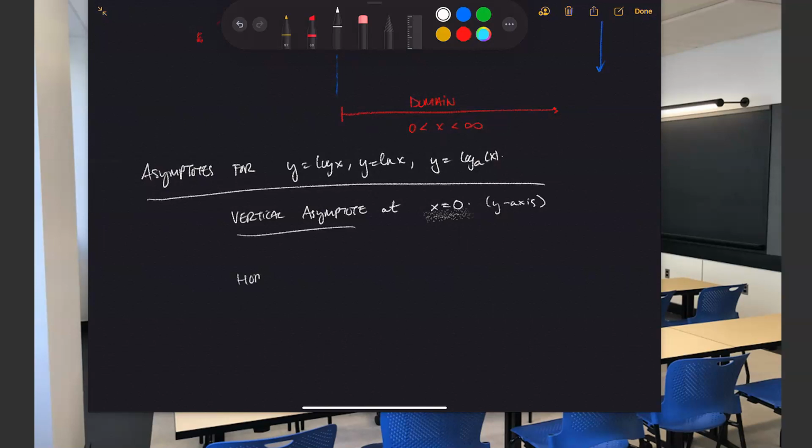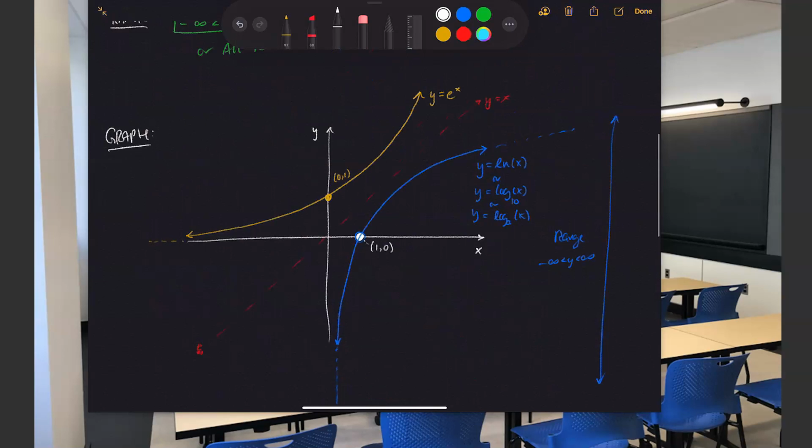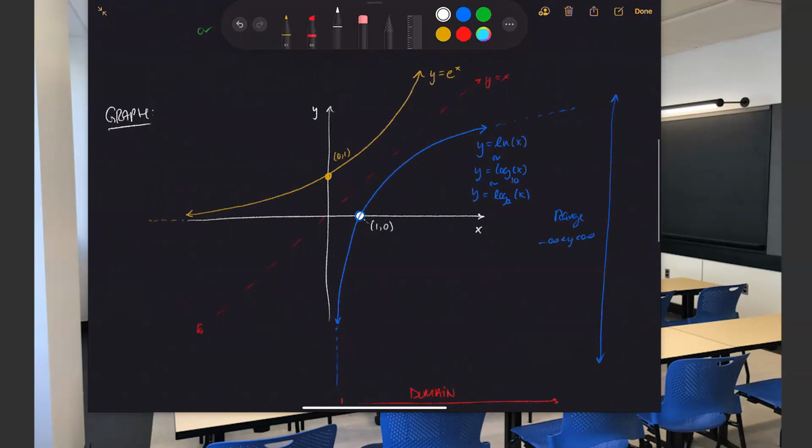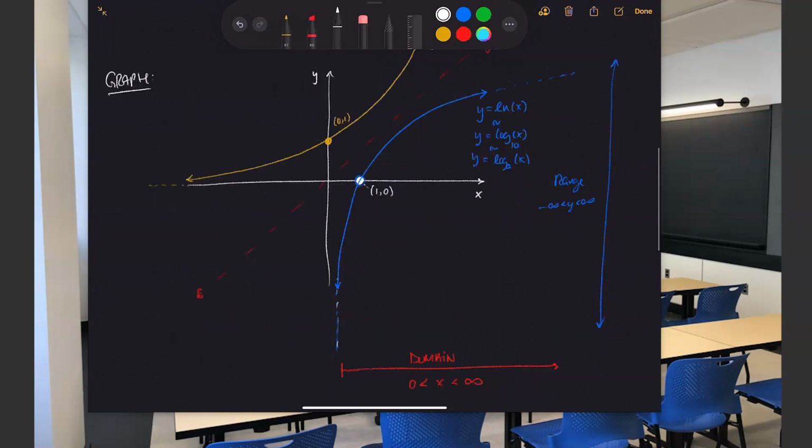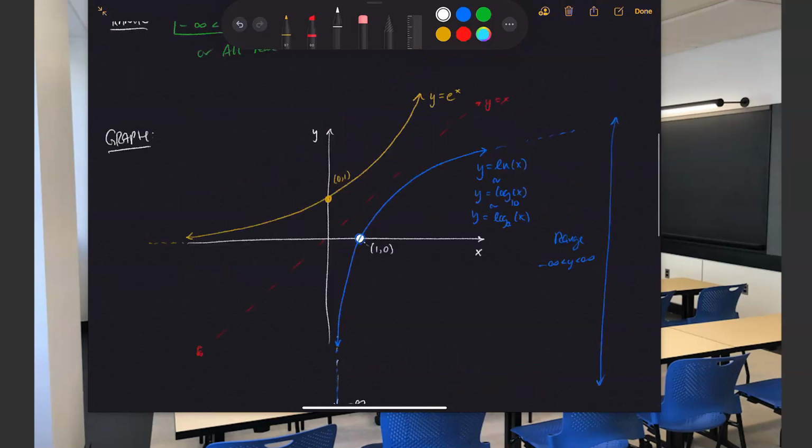Question is, do we have any horizontal asymptotes? So does this function in blue look like it's going to level off and assume one constant value? Well, no, it's not going to happen. Down here, again, we said it's going to decrease to negative infinity. And up here, it's increasing without bound to positive infinity, right? It's going to keep going up.